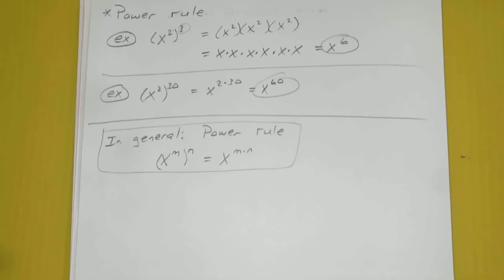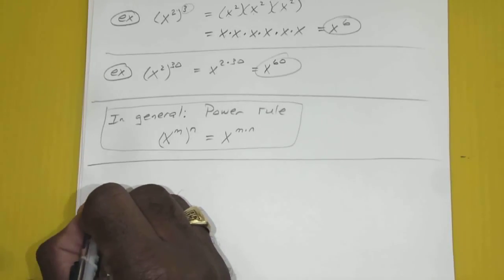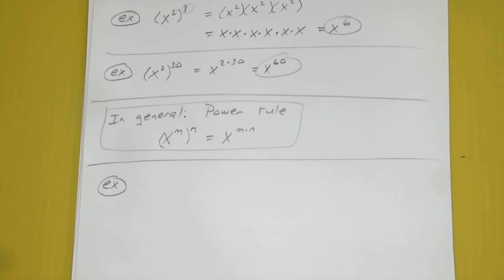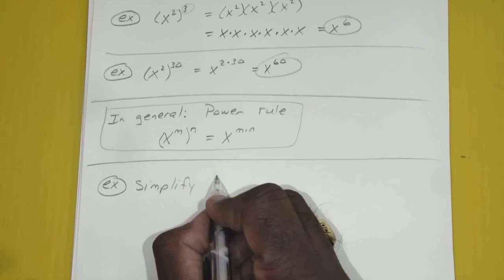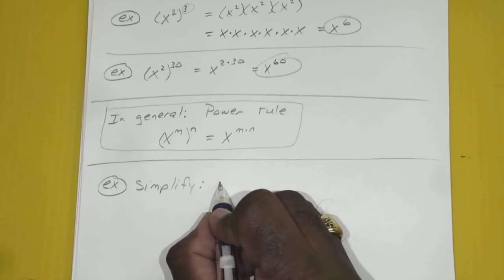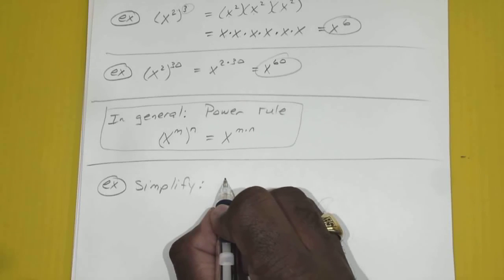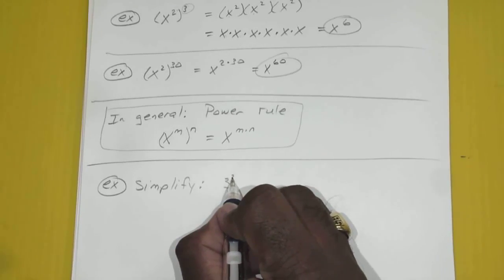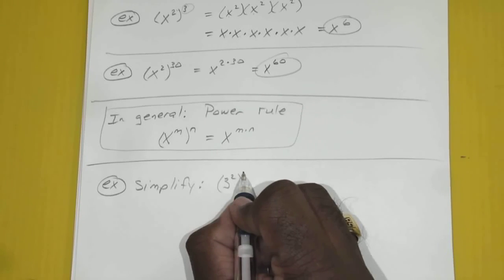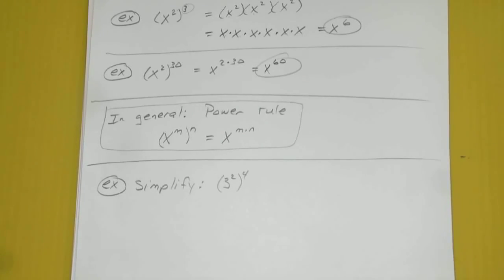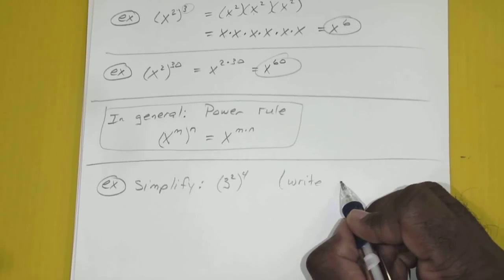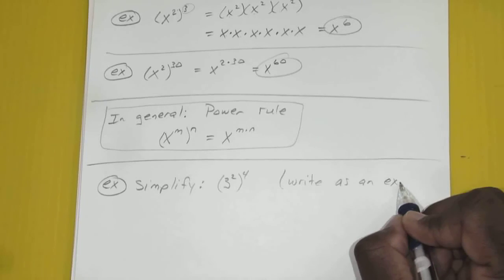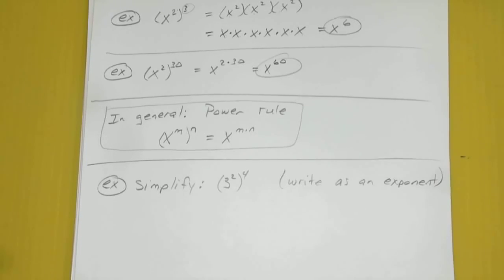Right, so let's say, for example, we wanted to simplify 3 squared to the 4th power, and write it as an exponent, so you don't have to worry about solving it.